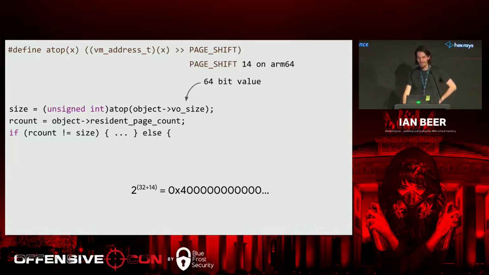So if we had a VM object with 4 and a lot of zeros after it, this is going to go kind of wrong. And I say this code wasn't there in the 80s, I was going to say they couldn't even imagine having whatever this is, 100 terabytes of RAM.